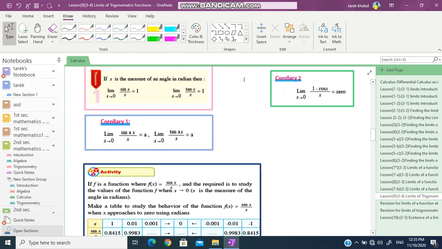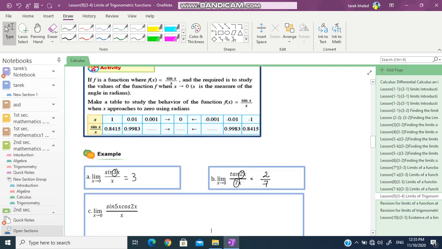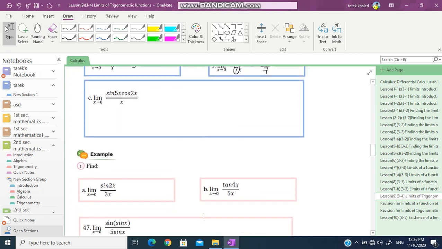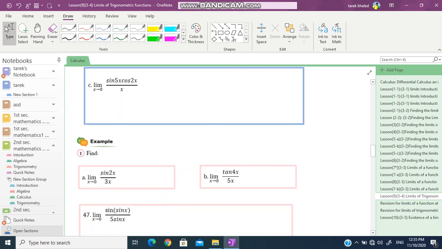The rule of the cosine: the limit as x approaches 0 of 1 minus cosine x over x equals 0. To solve it, divide: sine 5x over x gives 5 times cosine of 2 times 0, cosine 0 equals 1, so 5 times 1 equals 5.